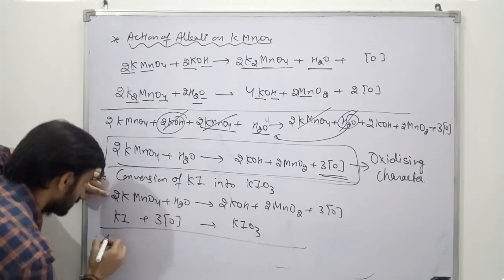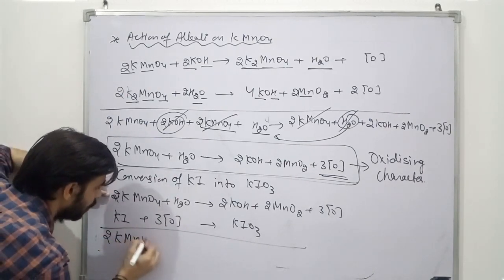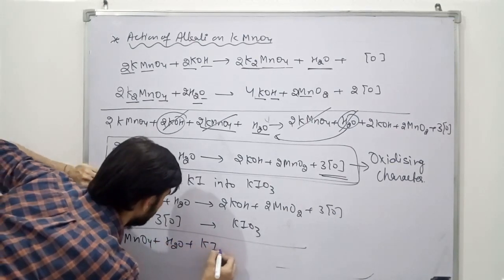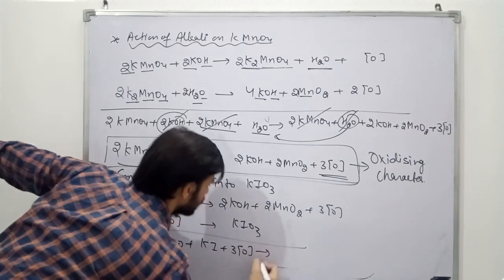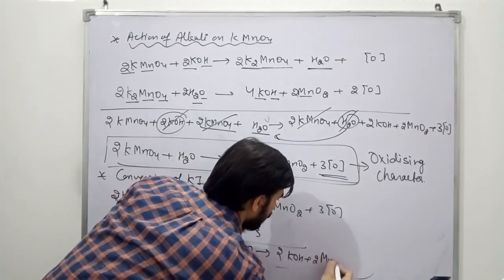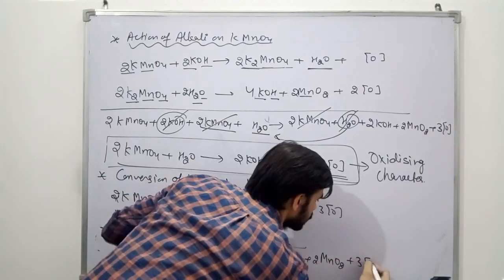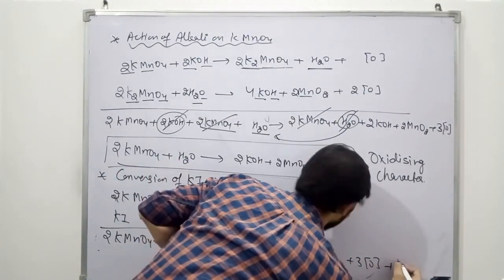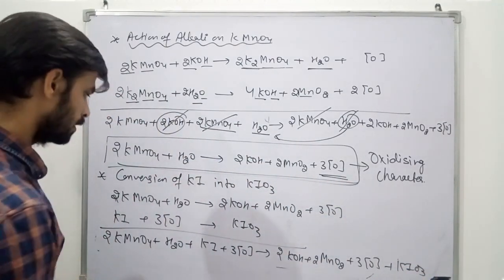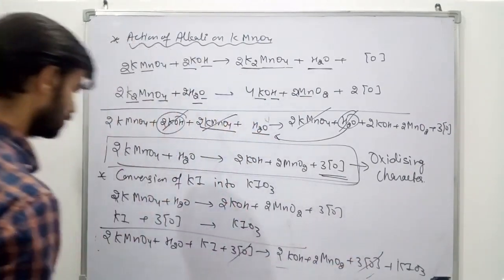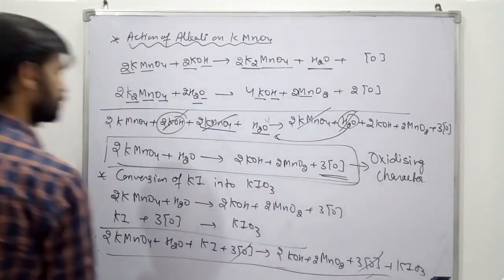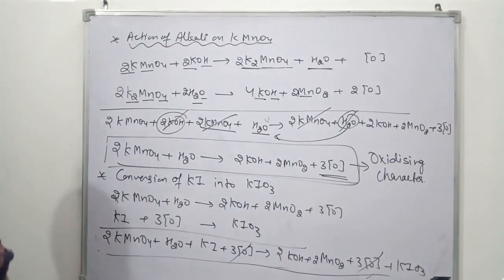So the overall reaction is twice of KMnO4 plus H2O plus KI plus 3 nascent oxygen gives twice of KOH, twice of manganese oxide plus 3 times of nascent oxygen plus KIO3. The 3 nascent oxygen cancel out. So this is your overall balanced equation.